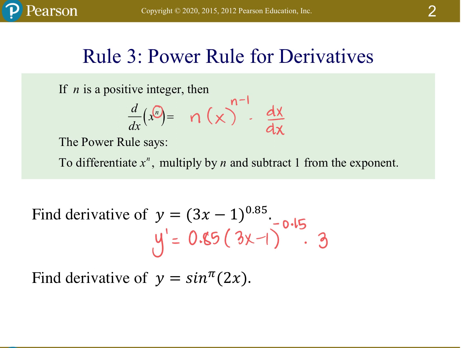For the second one, before you do the power rule, it is advised that you change this into implied parentheses, so that you have an extra set of parentheses around the sine, and then pi goes to the outside. That is the recommendation, so that when you do your power and chain rule, your y prime pulls the pi to the front. The inside remains unchanged.